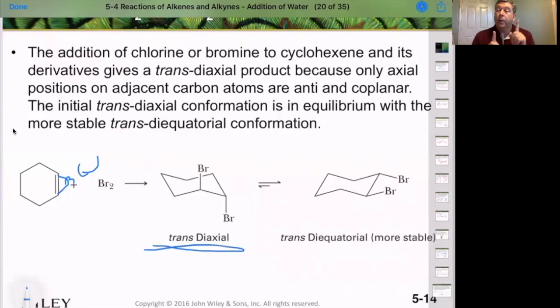But as we know, whenever we have things on cyclohexanes, whenever possible, we want the two biggest groups to be equatorial. Okay, so it's going to flip a little bit, they're still going to be trans, but they're going to try to both be equatorial. Okay, so whenever we brominate a cycloalkene, we will typically end up with the trans-diequatorial product.